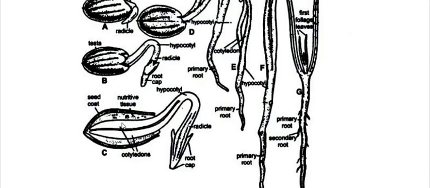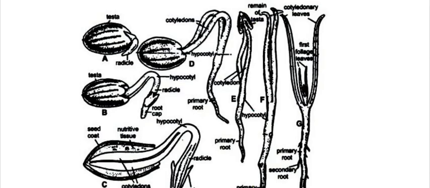And these are the two cotyledons which are still inside the testa, inside the seed, and these are also coming out, releasing out from the seed as its germination goes on. Here the cotyledons are coming out, releasing out from the seed.